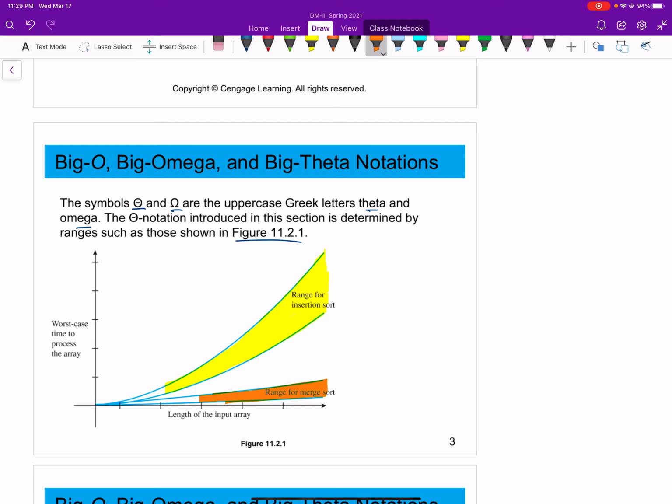Alright, so these are the two ranges we have here. The first range is for insertion sort, and the second range is for the merge sort. These are the two sorting methods that we are going to learn in this chapter.